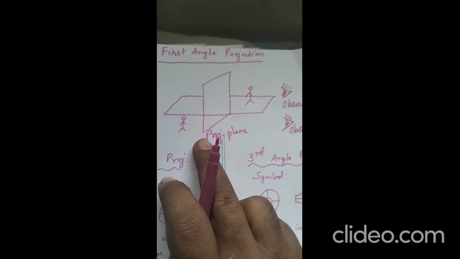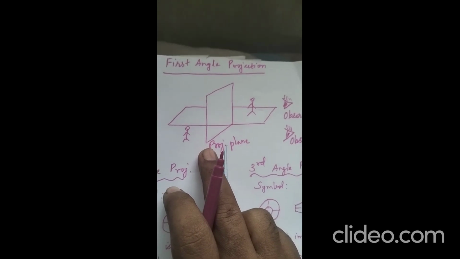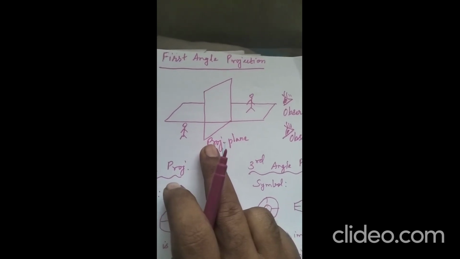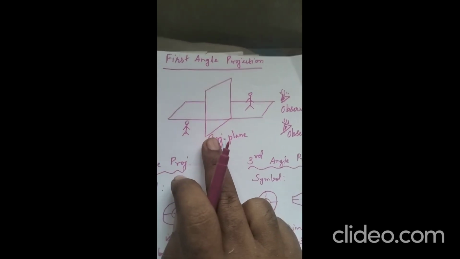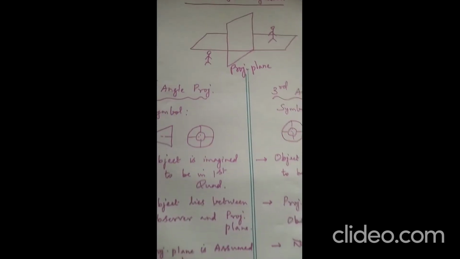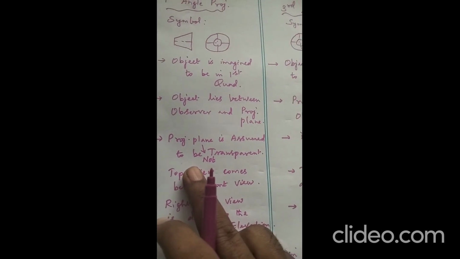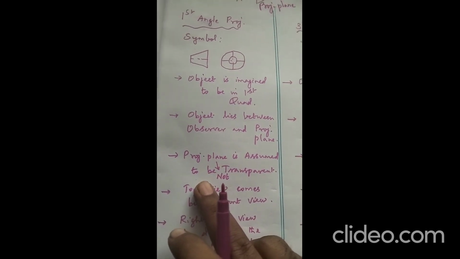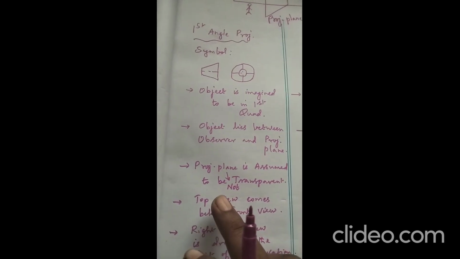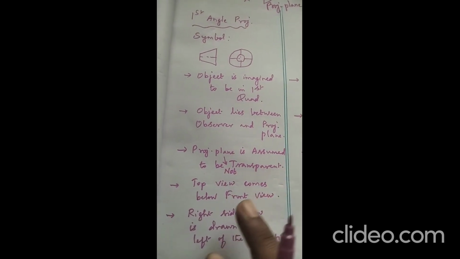Whereas in the case of third angle projection, this projection plane needs to be assumed transparent, so that the observer can see the projection of the object on the projection plane. This is the main difference. If you understand and memorize this, it will be very essential and important when we are describing the answer, that is, the difference between first angle and third angle projection.